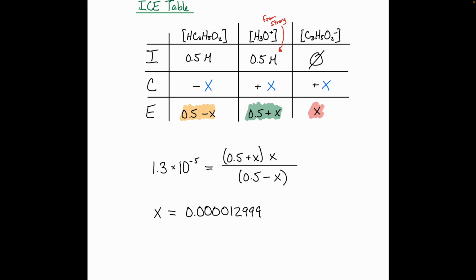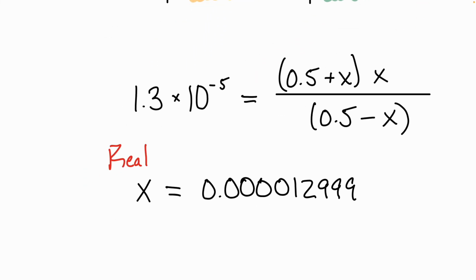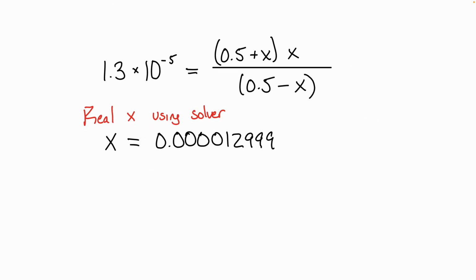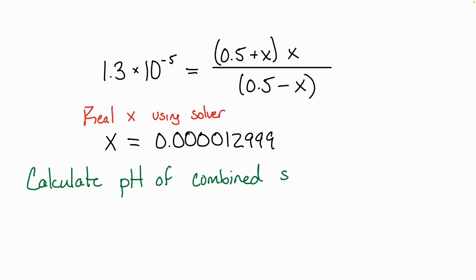All right, so now, and let's just note here, this was the real x using that solver. So now we need to calculate the pH of our combined solution here, right?